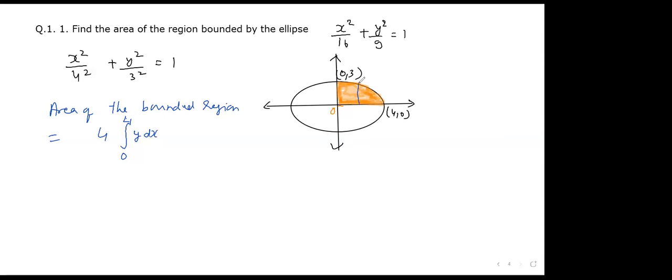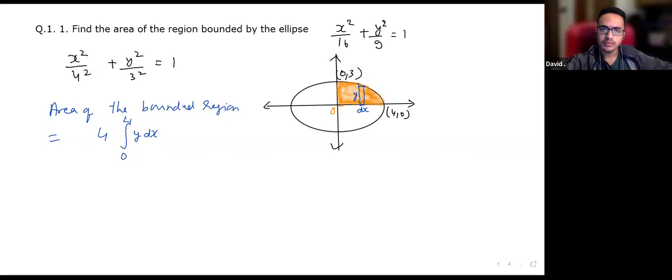Let us take the whole concept of finding area through integrals. If we consider a very small strip on the x-axis, this part can be taken as dx, a very small width, and the length of the rectangle is y. So the area of the rectangle will be y dx.